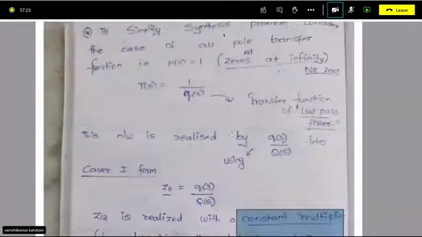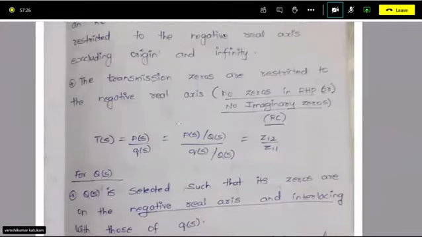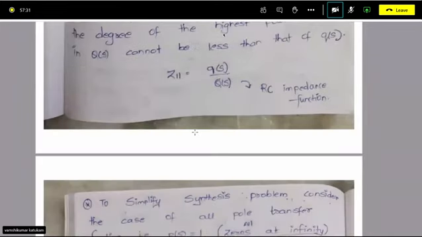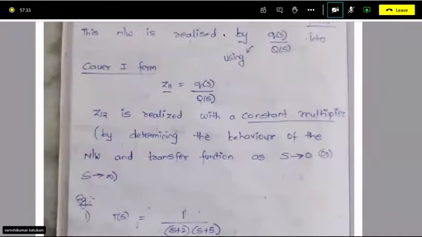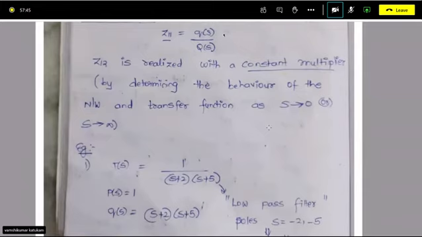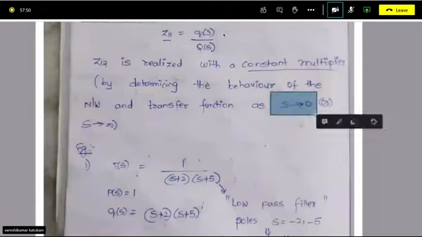Okay, so instead of Z12, which is small p of s upon capital Q of s, we are realizing with a constant, some K. Okay, because it's a transfer value, it is transfer impedance. Z12 is a transfer value, or transfer impedance. So at s equal to 0, what is the transfer function value?